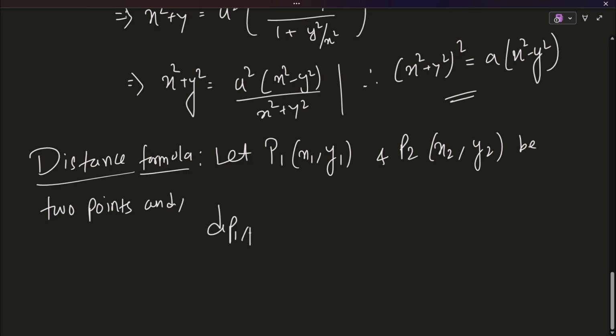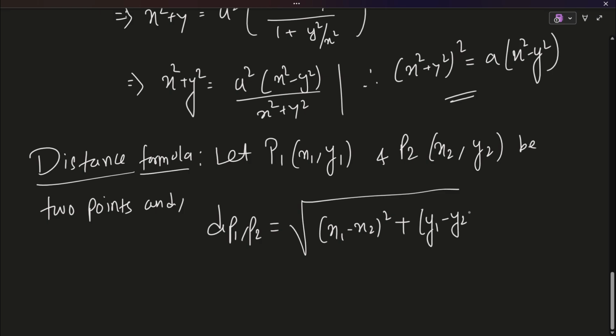Let's denote it d(P1, P2) and the distance is found as follows. We simply take the difference of the x coordinates and square it. That is (x1 minus x2) whole square. And the order in which you do it does not matter because you're ultimately doing a perfect square. So whatever quantity you have inside will always come out as positive. Similarly, you add it with the difference of the y coordinates.